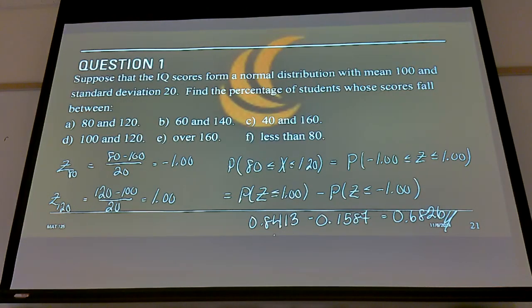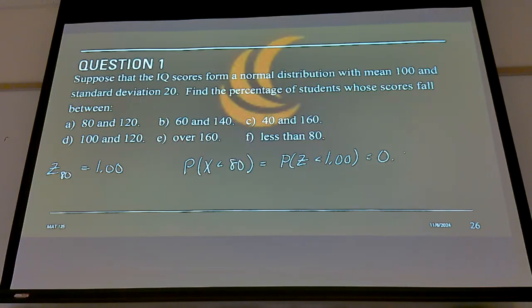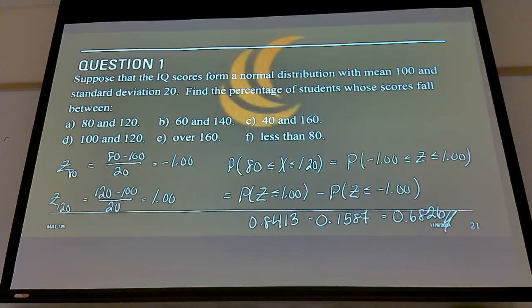So I don't need to go back in the chart for that because we just did it. Oh, wait a minute. 80 is -1. Sorry, not +1. So it's not that one. It is 0.1587, this one here.